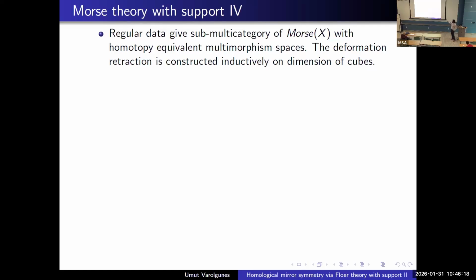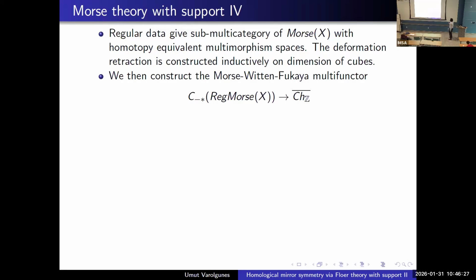So there are not really topological spaces anymore. This regular data really forms simplicial sets. And when I restrict to this regular data, then I can construct this Morse-Witten-Fukaya multifunctor. I have to take chains, and I can construct a multifunctor.